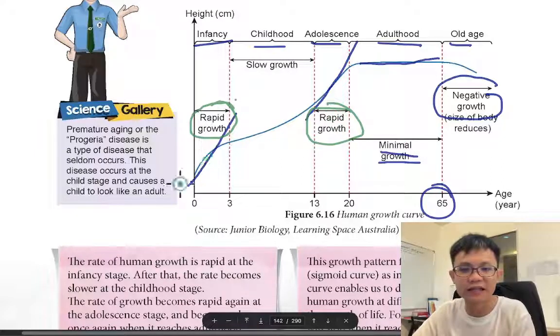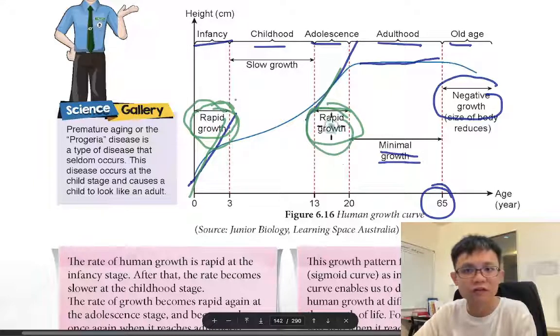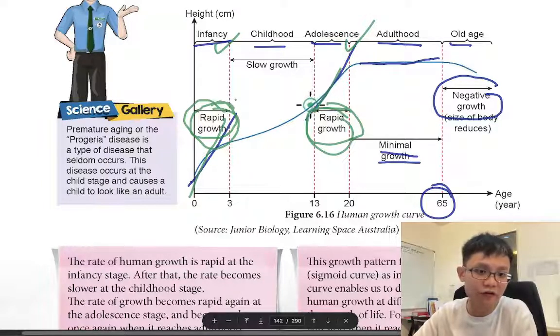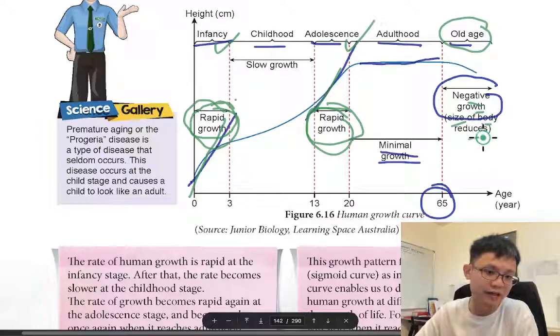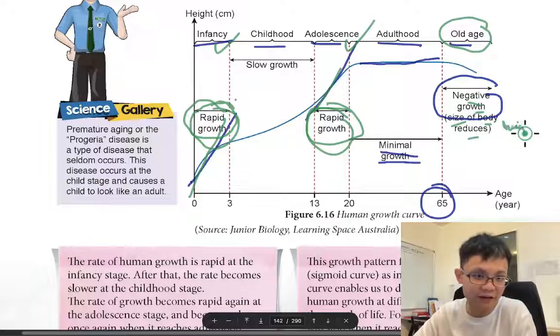So from here we can see the gradient is very high, very up. So here is the rapid growth, fast growth. So the stages will be infancy and adolescence. Let's say the question asks you which growth is the slowest. It will be old age, okay, because there is negative growth where the size reduces in terms of height and weight, correct or not?